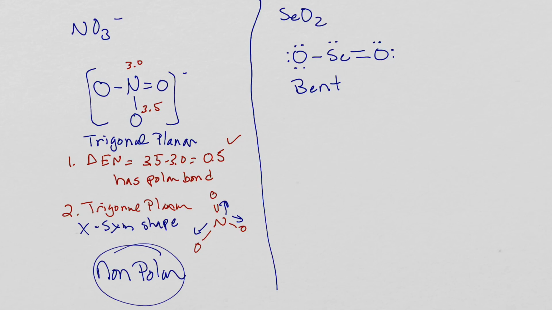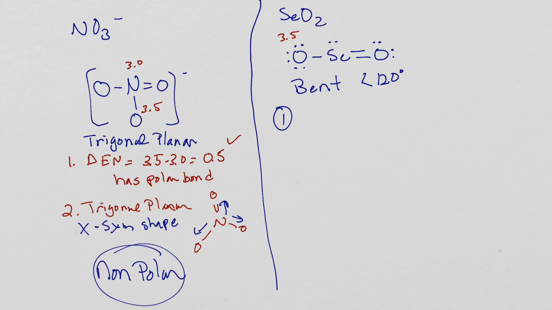So let's look at our second example, SeO2. We've done the Lewis structure. We determined it has a bent geometry, with bond angles that are going to be slightly less than 120 degrees because we have 3 electron groups. If we look at our electronegativity difference, we have a value of, again, 3.5 for oxygen.